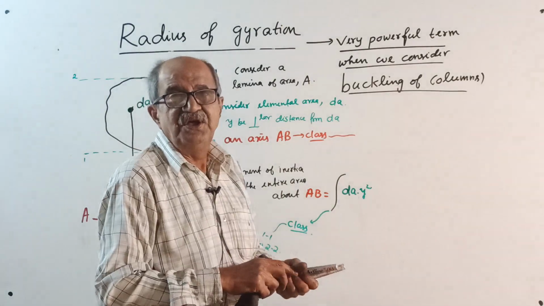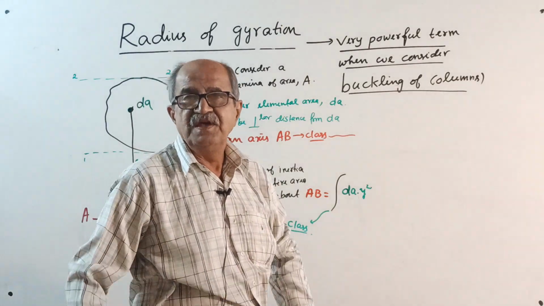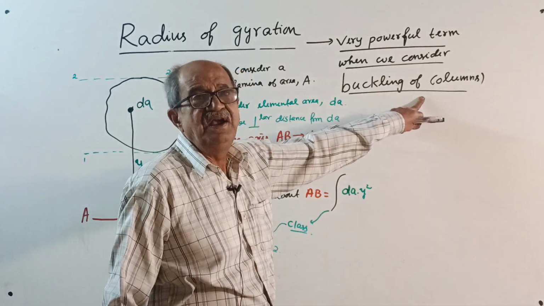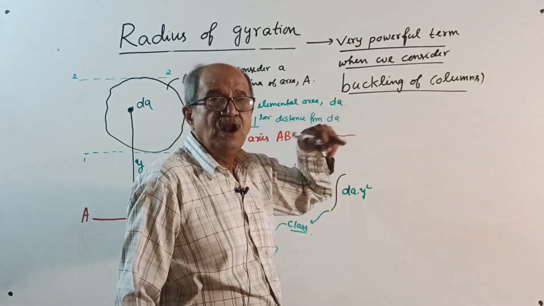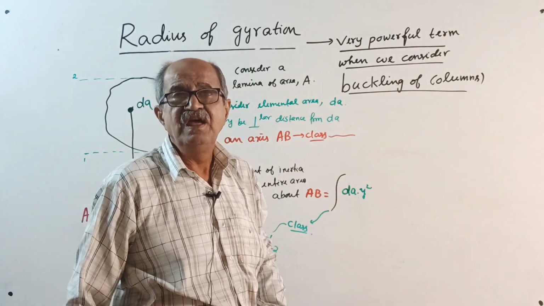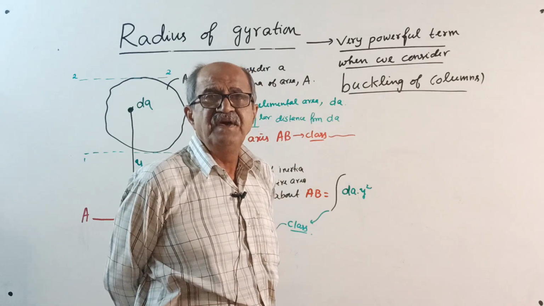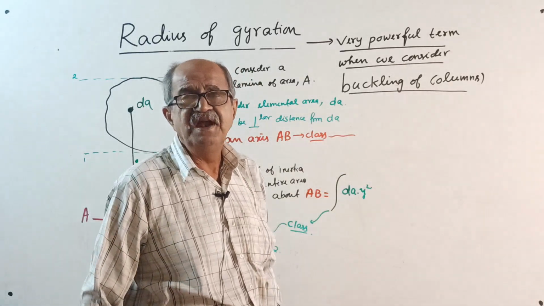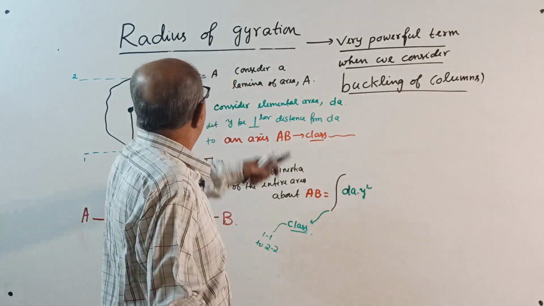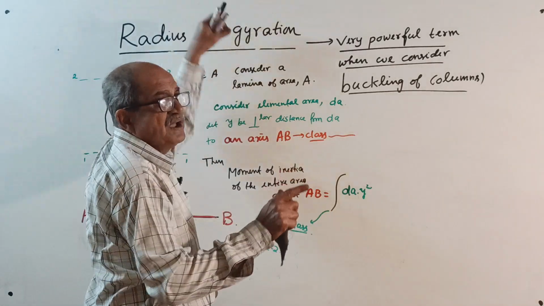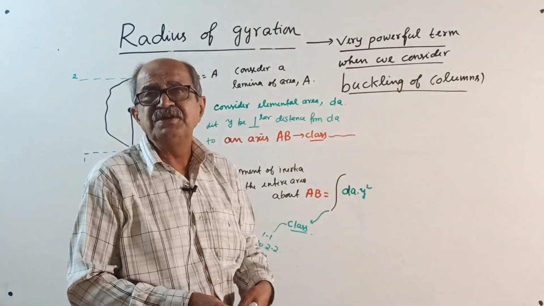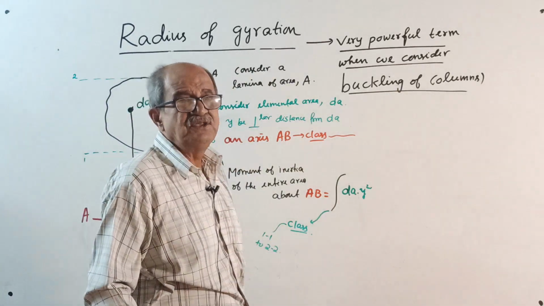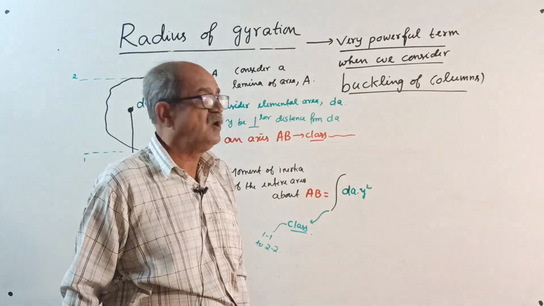Not too much, because later in strength of materials, when you consider columns, there will be a very detailed discussion. Also in RCC, steel or any structural design subject, there will be deep discussion about radius of gyration and its importance. Here, I will not give too much explanation regarding the variation of radius of gyration for different cross sections.